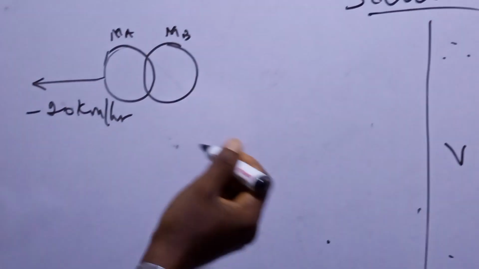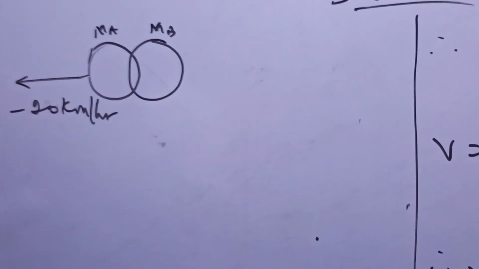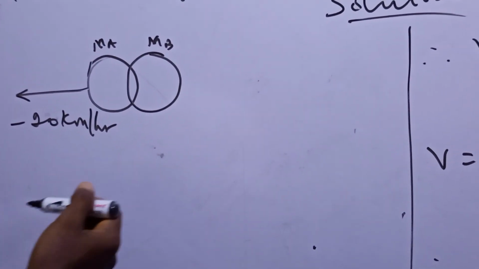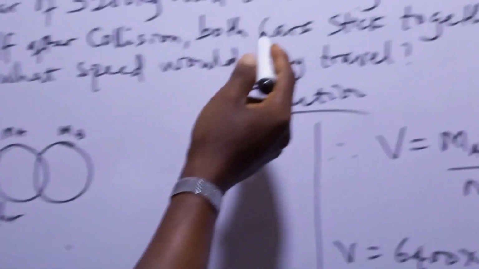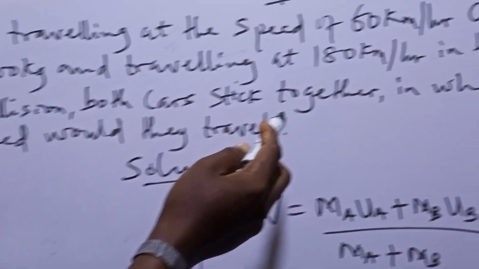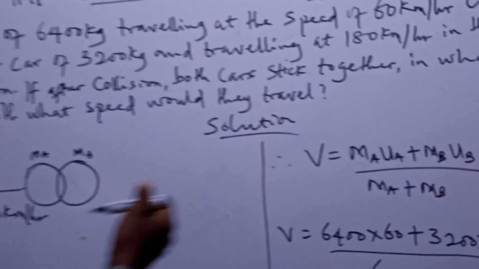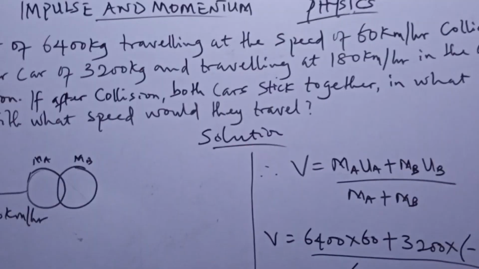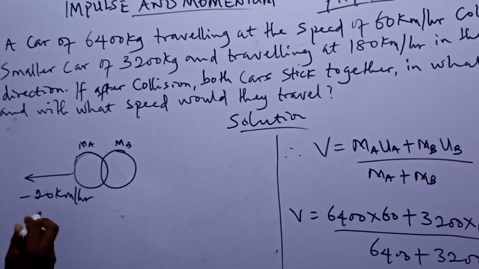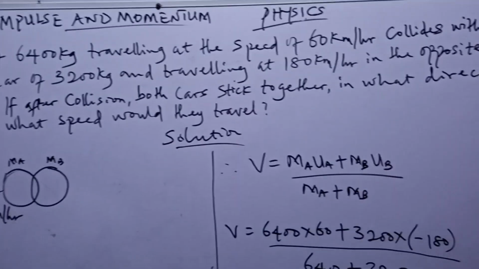That means it will go in the opposite direction because the velocity of the second car, which is coming from the opposite direction, is higher than the velocity of the car going in the front direction.